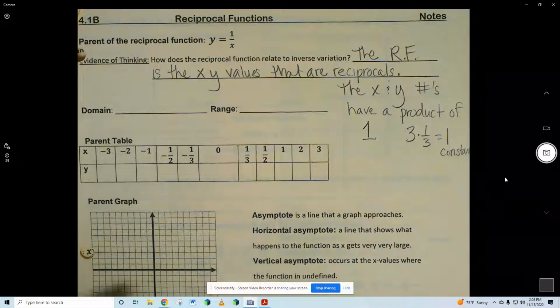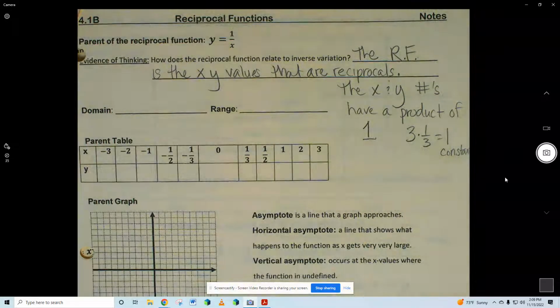Okay. So here's my table of values. I just told you that the x and the y values were reciprocals of each other. So instead of -3, I'm going to write as my y value the reciprocal of -3, -1/3. Because remember, the x and the y are going to multiply to be 1.